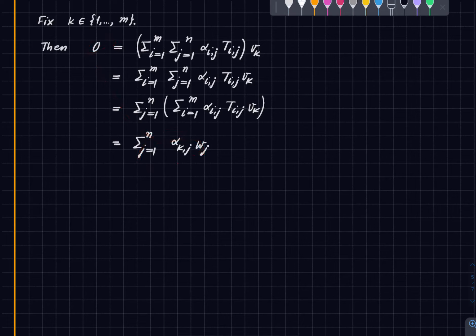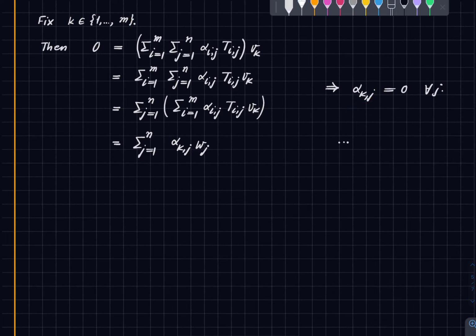But now the fact that w1 up to wn are a basis means that they are in particular linearly independent, and hence all of these things must be 0. So from the above, or from the thing on the left, we conclude that alpha kj is equal to 0 for all j. But k was arbitrary. k was chosen arbitrarily. So each alpha ij is therefore 0, and hence we have established linear independence.